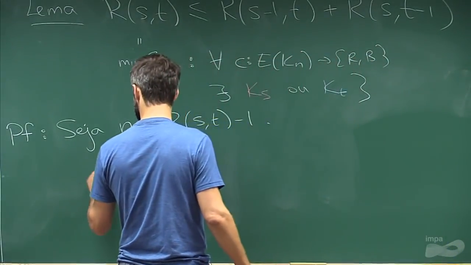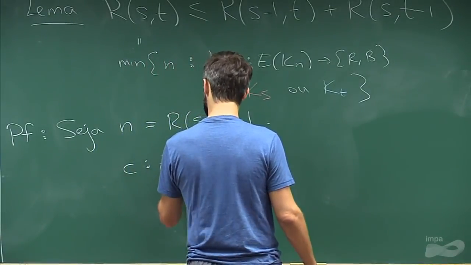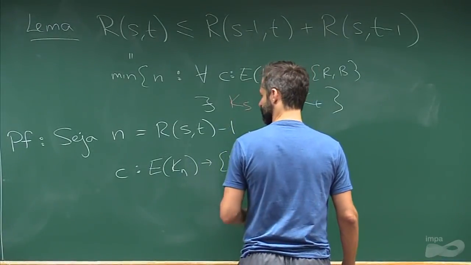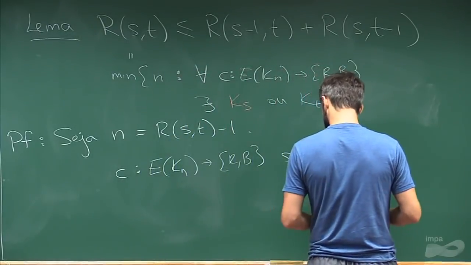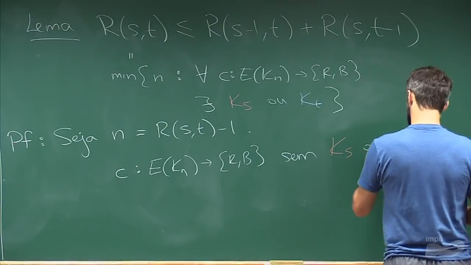And let C be a colouring without a red KS or a blue KT.